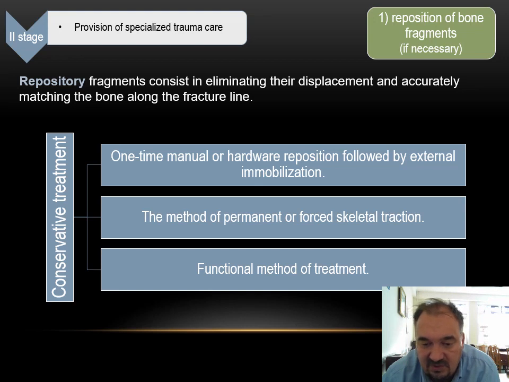In this case, we gradually and slowly carry out this reposition. And in cases where it is impossible to perform a reposition, in cases where it is impossible to provide fusion of such a fracture, there is the concept of a functional method of treatment. It is quite a palliative thing. We will analyze it in the classroom when we go through fractures of the proximal femur, in particular a fracture of the femoral neck. That's how it will be easier.